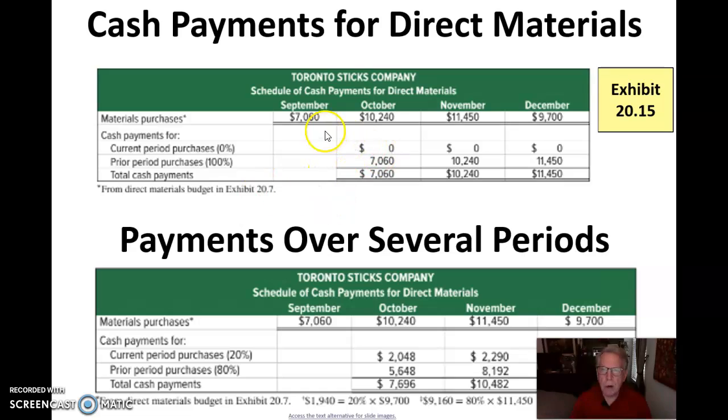So here is our materials purchases, and we're going to pay that in the next period. See, September is paid in October, October is paid in November, and November is paid in December. So that's going to dictate our cash payments.